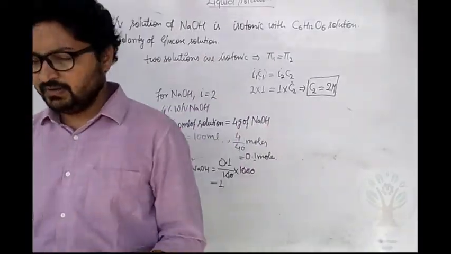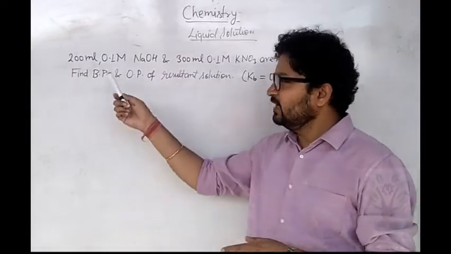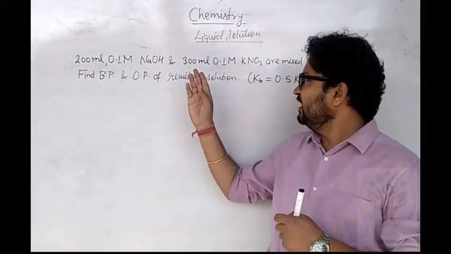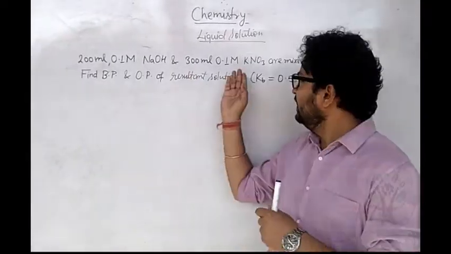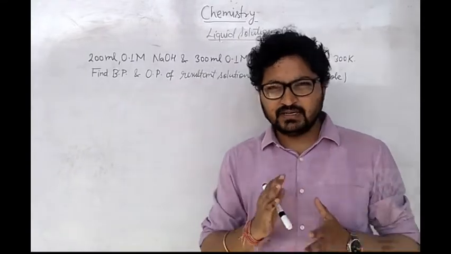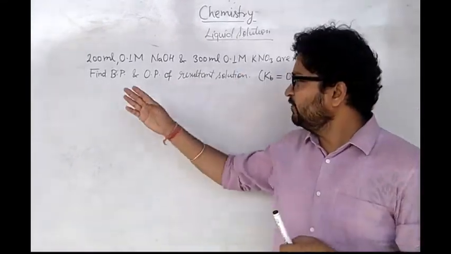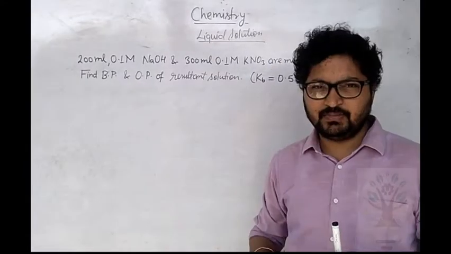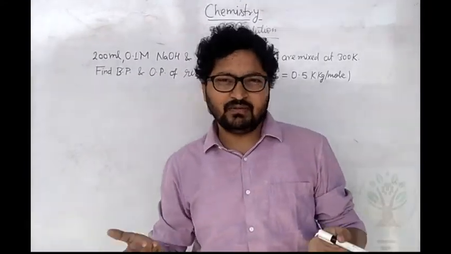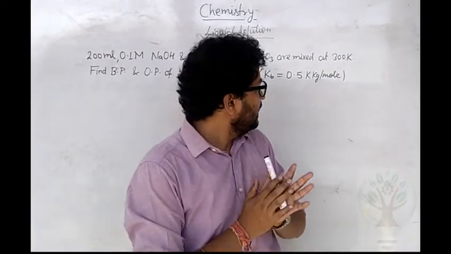Clear? Let's move forward. Now next question is, we have 200 ml of 0.1 molar NaOH and we have 300 ml of 0.1 molar KNO3. We are mixing them together. So whatever resultant solution will be coming, we have to find its boiling point and osmotic pressure. Kb is given to us as 0.5 kilocalorie mole kg per mole.